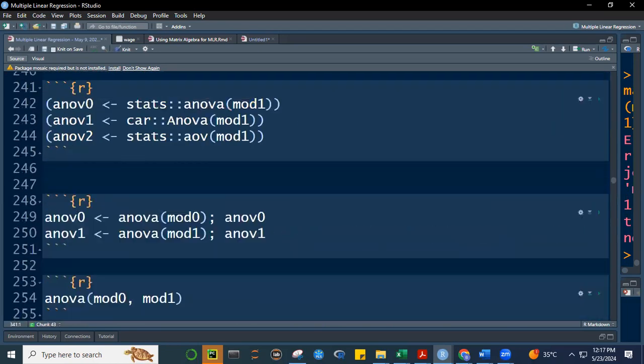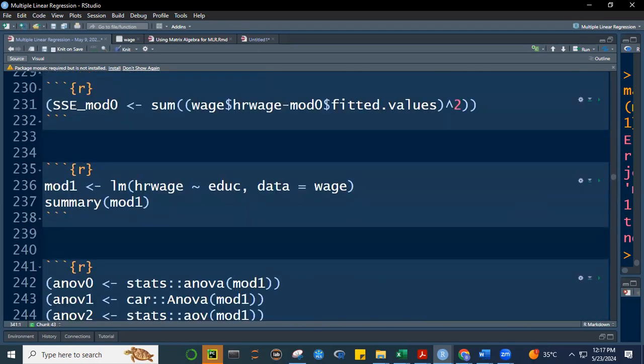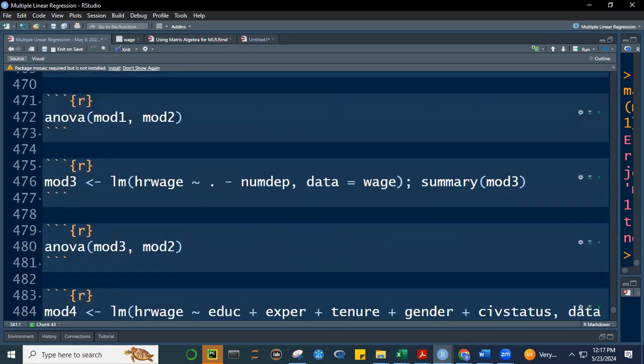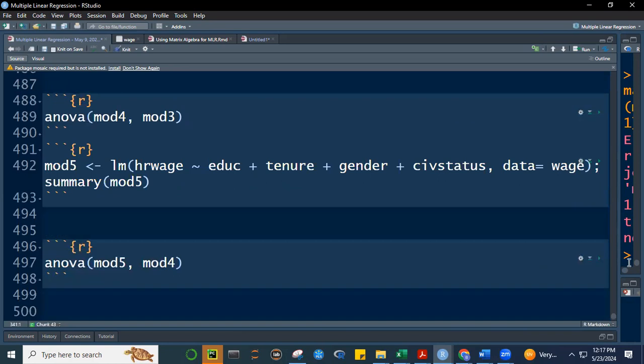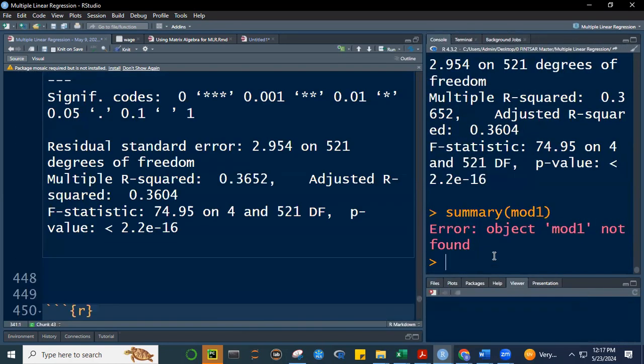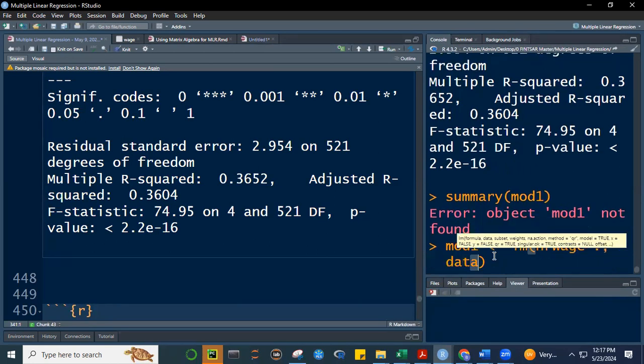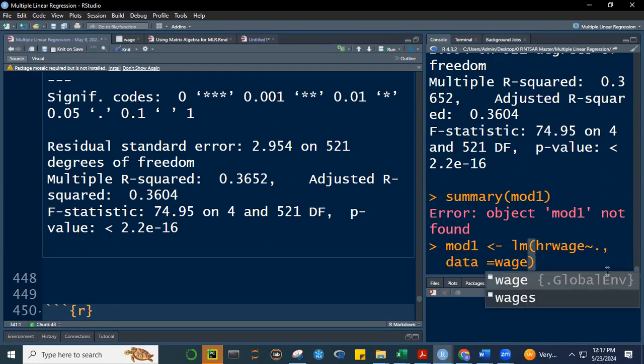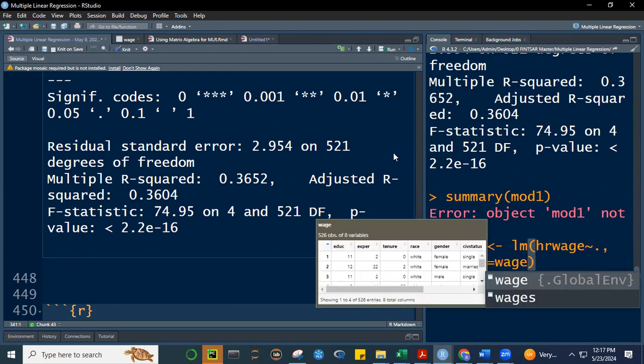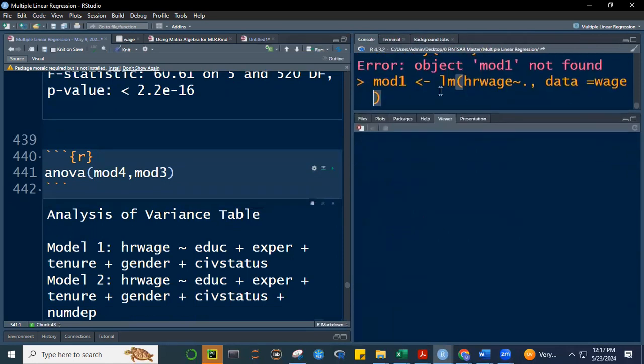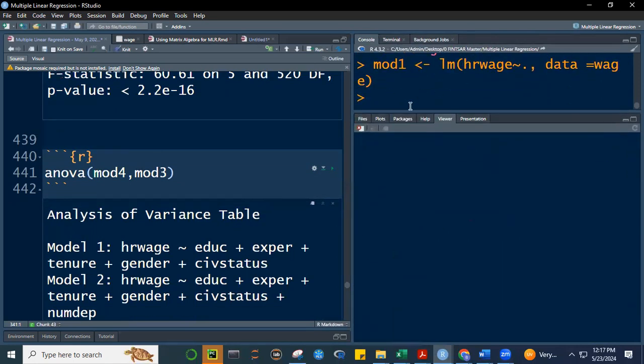Okay, I just want to illustrate this. Just model 1. Okay, LM. So we have hourly wage, regressed on everything, data is equal to wage. Okay, model number 1, control enter. Summary natin. Summary, mod 1.